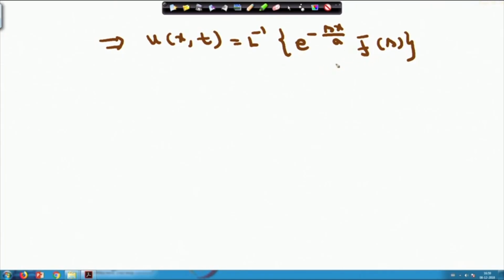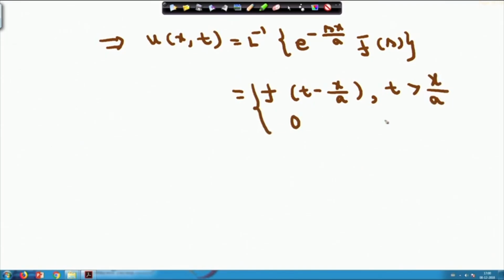Is it familiar to us? Can I write down directly something? The Laplace inverse of this is equal to, you can tell, function of t minus x by a whenever t is greater than x by a, and it is equal to 0 if t is less than x by a.